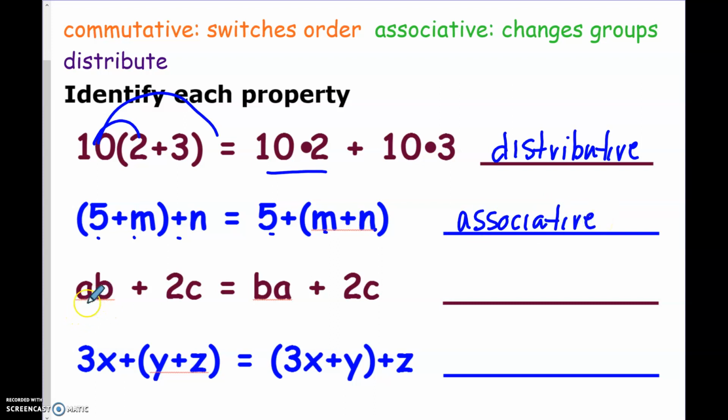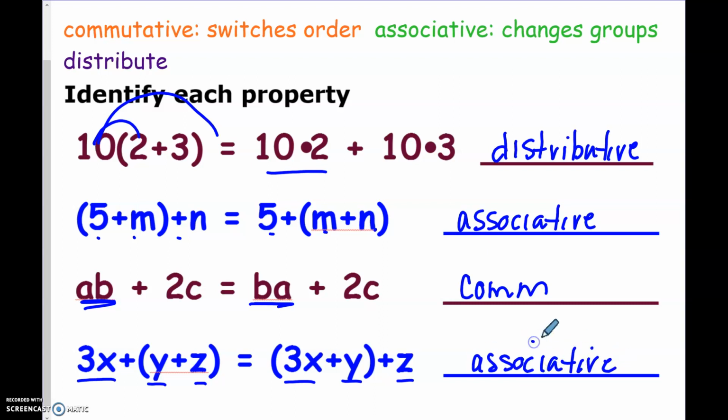All right, AB, BA. What happened? The order changed, so this is commutative. All right, 3xyz, 3xyz. It stayed in the same order. This one is grouped y and z, and this one's the other grouping. So this one is the associative because we are switching our groupings.